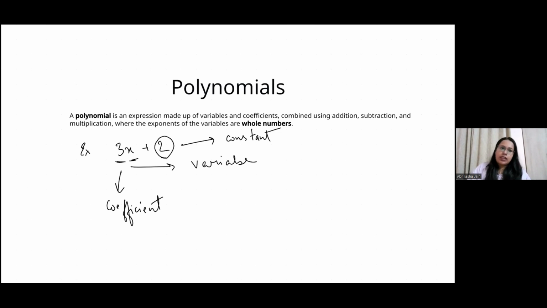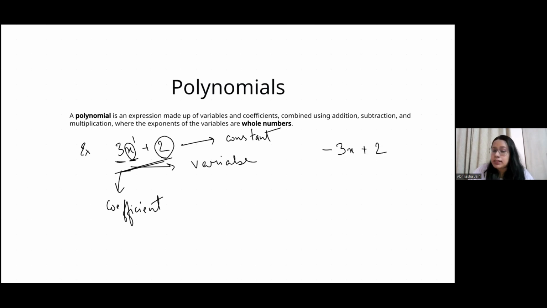Now, in this case, the exponent of the variable is a whole number. The exponent is 1. Yes, 1 is a whole number. So, this is a polynomial. Let's say my equation was minus 3x plus 2.